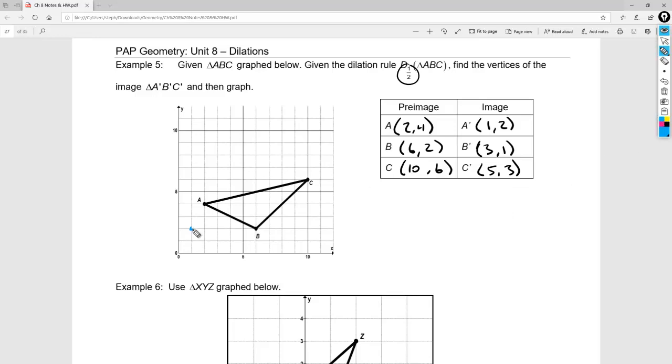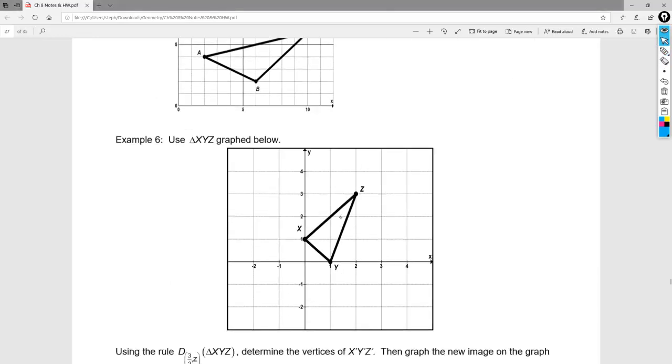We're at 3, 1 for B, and 5, 3 for C. So here is our new shape right there. Alright, so let's keep going.